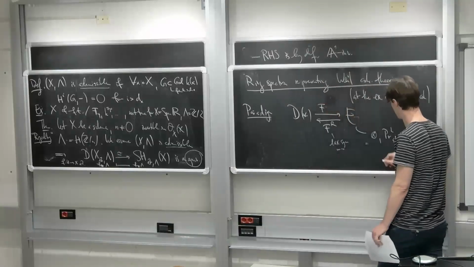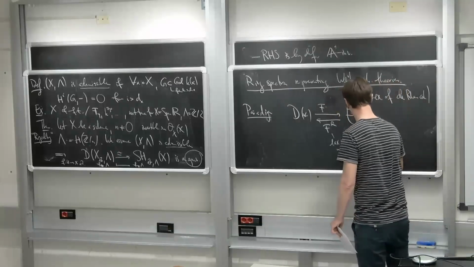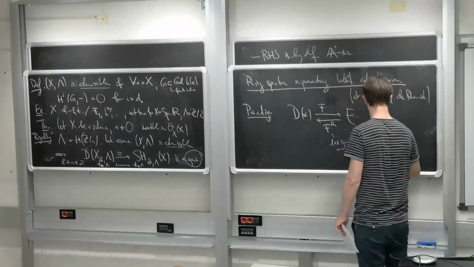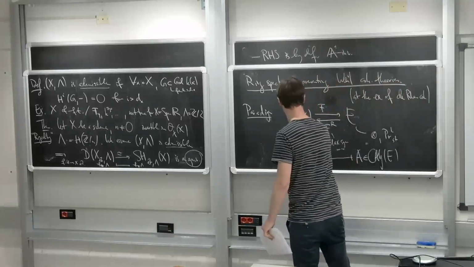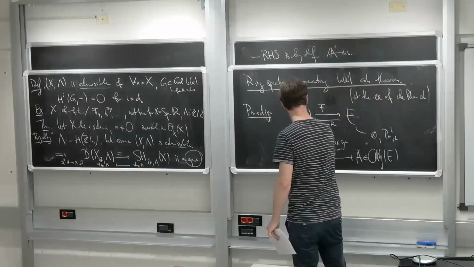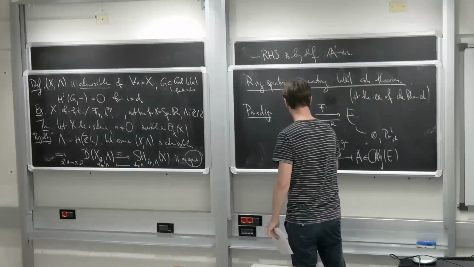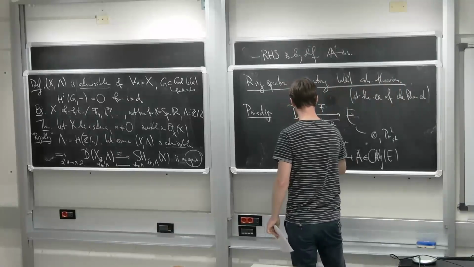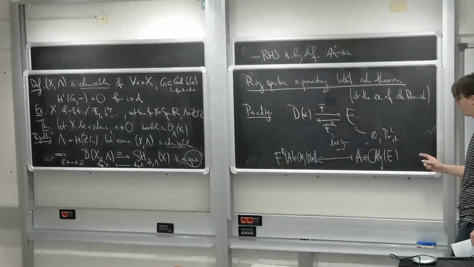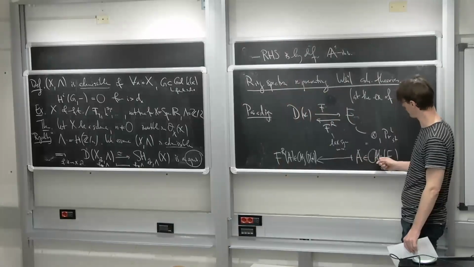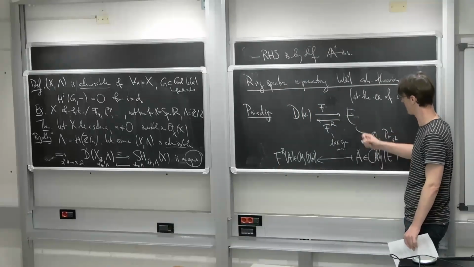In particular, if we have an algebra object in E, we can send this to something which is going to be an algebra object in this D of star, because it's lax symmetric monoidal. And so very often one applies this to A being actually the symmetric monoidal unit in some nice category.